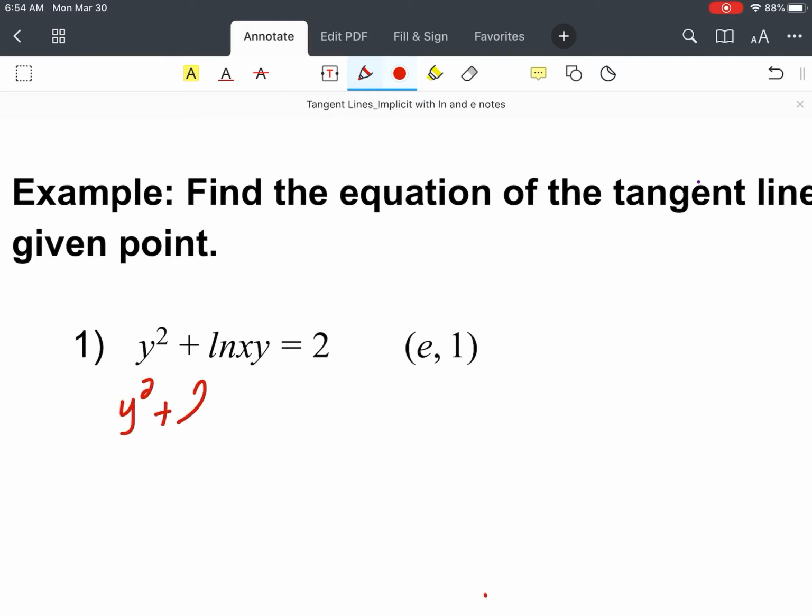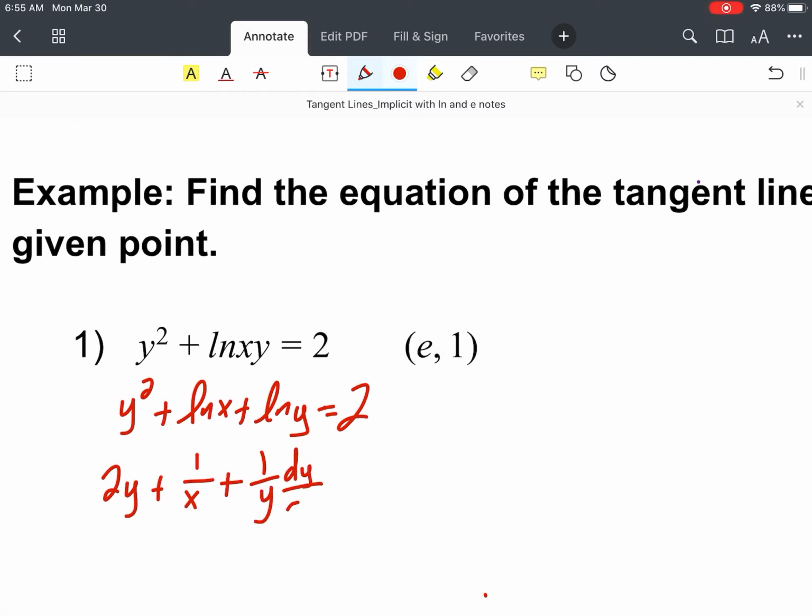So let's just leave this regular whole y squared for now. So y squared plus the ln of x plus the ln of y equals 2. Now I get to take my derivative. So 2y plus 1 over x plus 1 over y dy/dx equals 0.